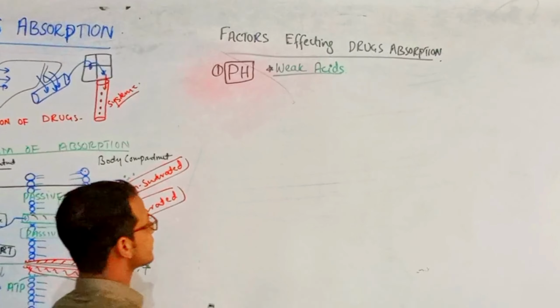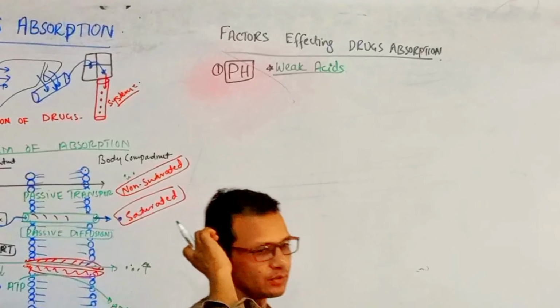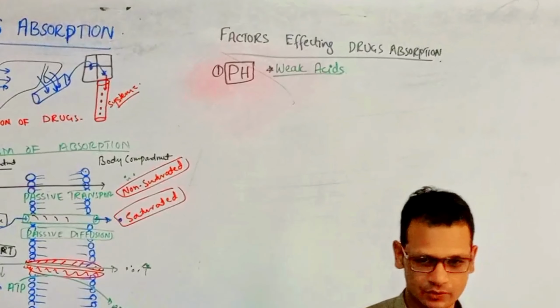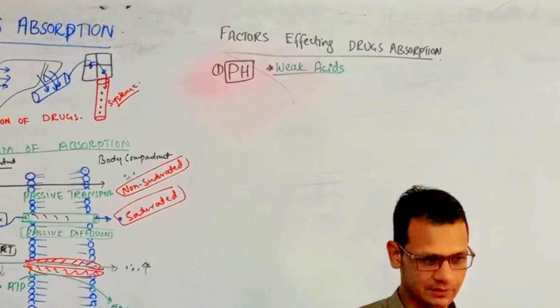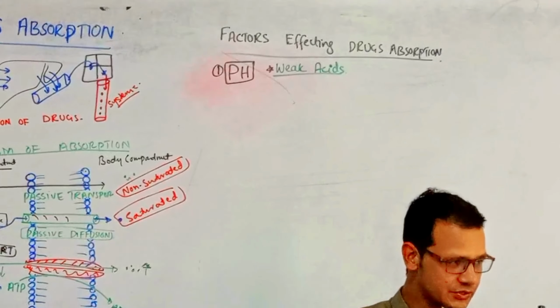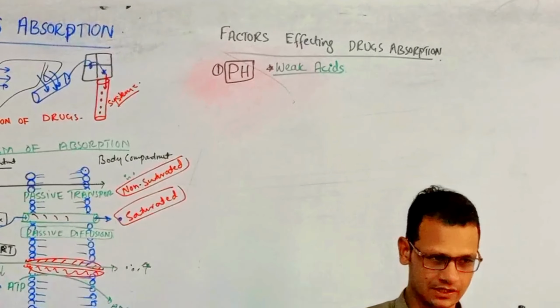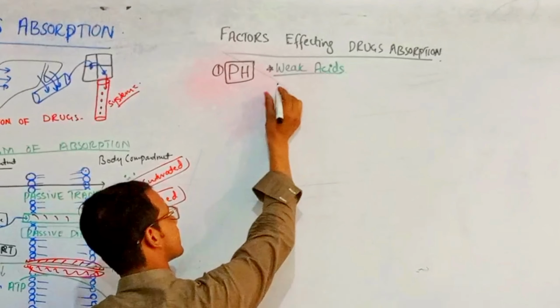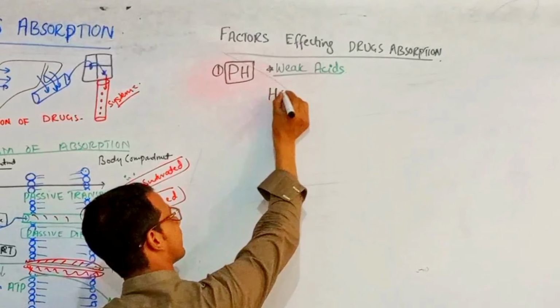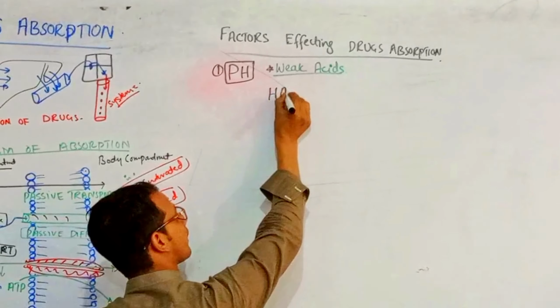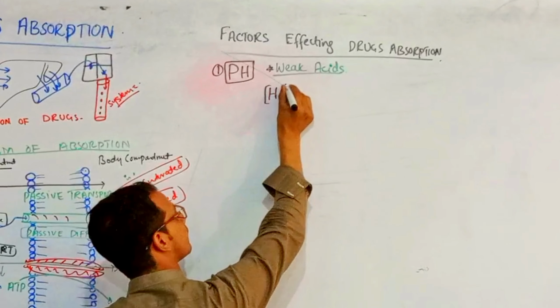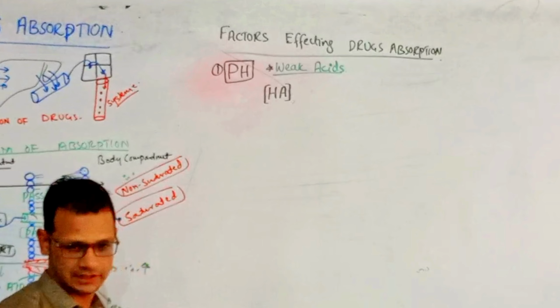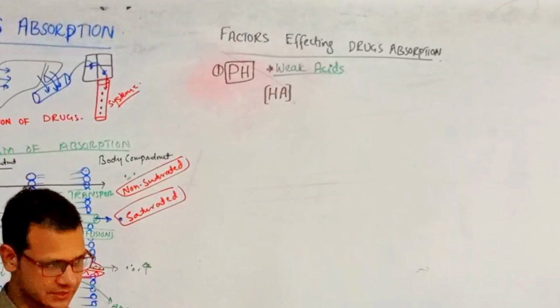What are the parts of the duodenum? Proximal duodenum and distal duodenum. The acidity is very high in the proximal part, right? Weak acids are generally represented by HA. This is, for example, a weak acid.